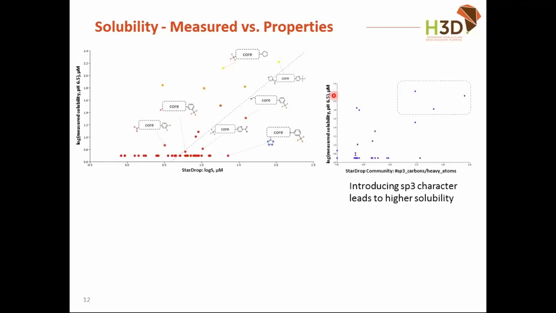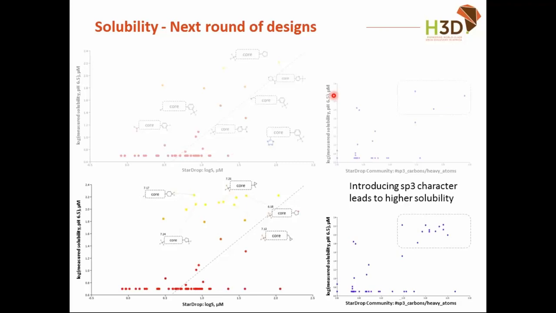So we applied that principle to our series, and we made a good number of compounds with saturated substituents to increase the number of sp3 carbons, and we managed to reach high solubilities, and it was very consistent across the series. So here we can see that solubility and number of sp3 carbons correlate very well.